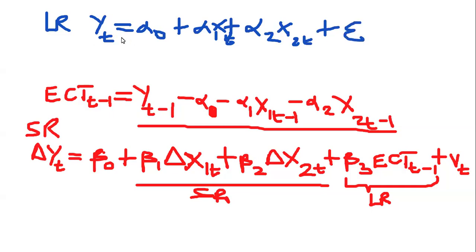So yt is given by alpha 0, alpha 1 x1t, plus alpha 2 x2t, plus an error correction term.